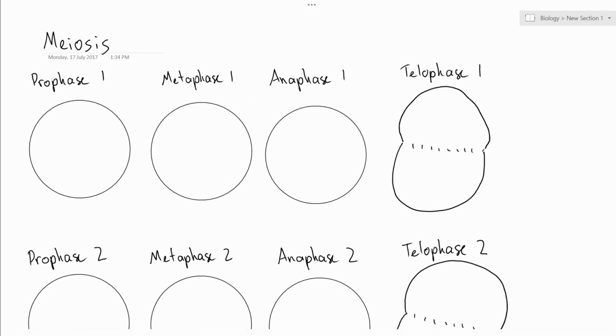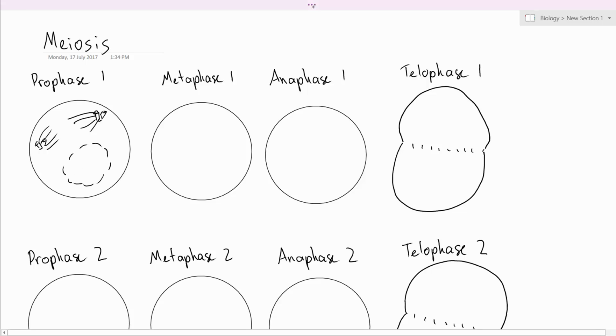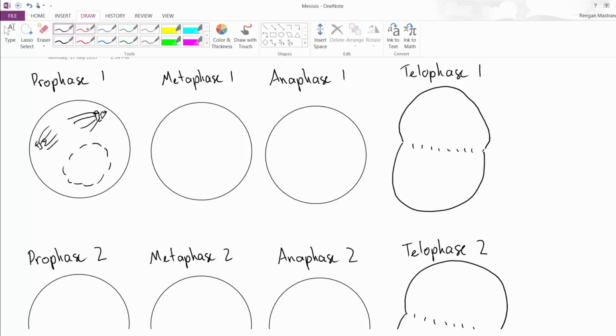So what's going to occur in prophase 1 is we're going to start to see our centrioles moving to opposite poles. We're going to get some spindle fibers starting to get ready to roll. And then our nuclear envelope is going to start to dissolve.